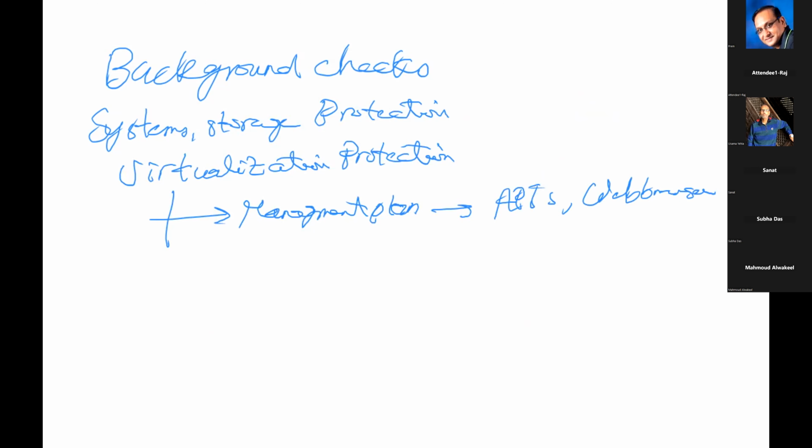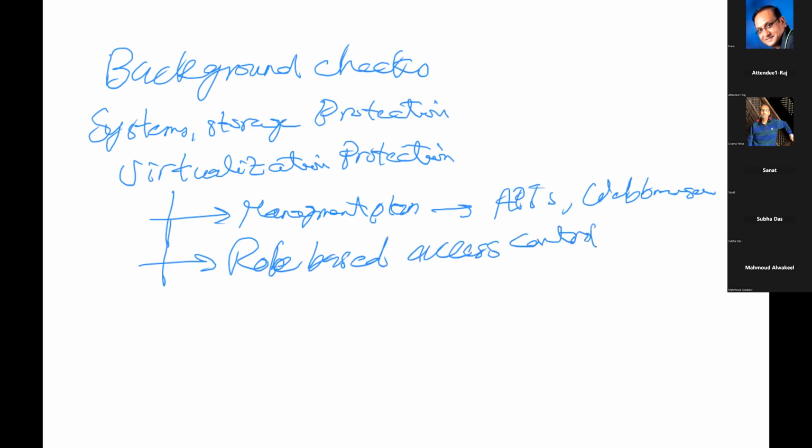Also, it is very important in virtualization to have some sort of role-based authentication or access control. Do you know what role-based access control is? Role-based access control is basically based on the organizational hierarchy.